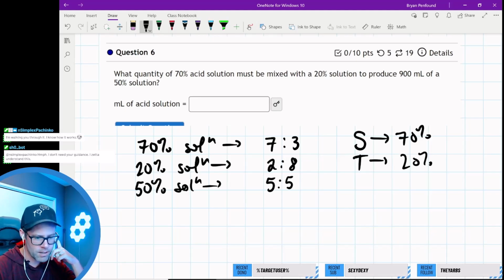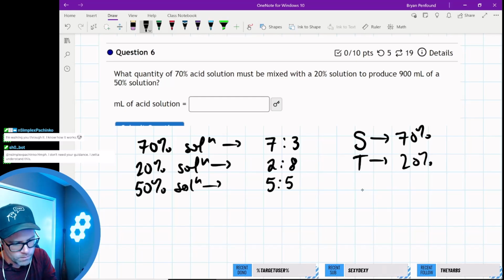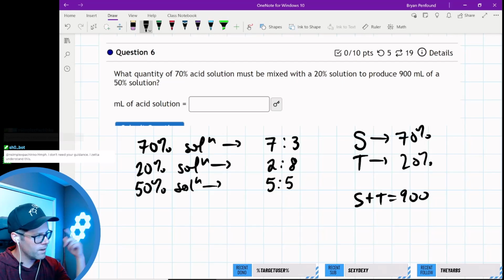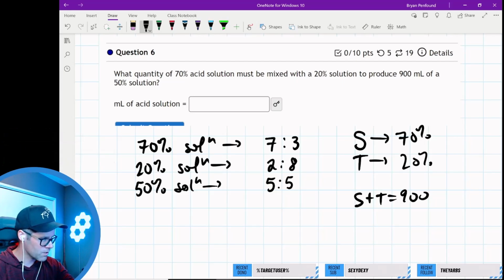My intuition says I need the sum of the quantities to be 900 milliliters. And then I think I'm going to use your concentration question. I think that's what you're hinting at here.